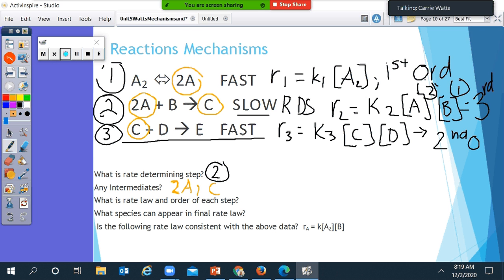Let me know if you have any questions on anything so far. So we just did the rate law and order of each elementary step. What species can appear in the final rate law? Well, it has to be the reactants that are in the overall equation.